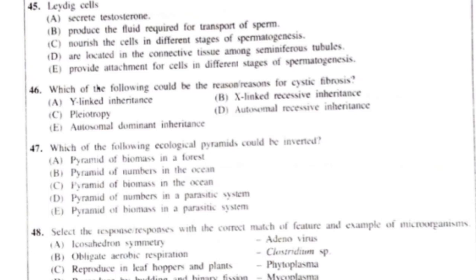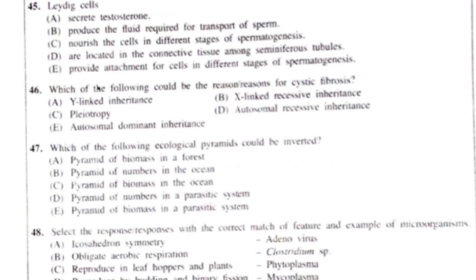Because of that mutation, many other factors of the body are affected, like respiratory disorders can occur, then infertility can occur. When one gene affects many other factors, that is called pleiotropy, and cystic fibrosis is caused by a mutation of an autosomal gene. So C and D, answer number 4.